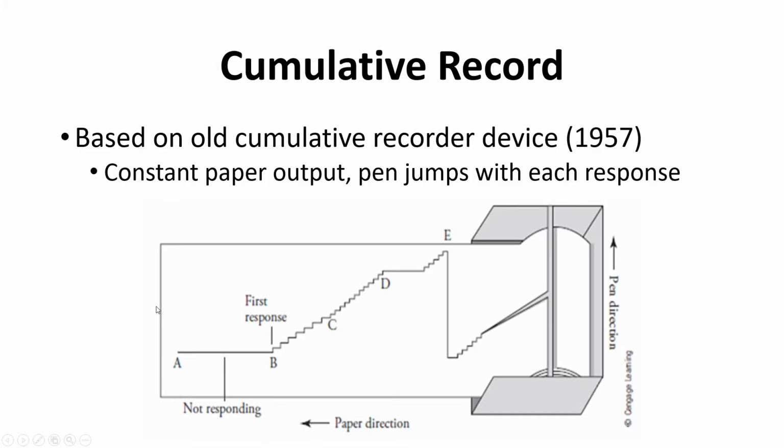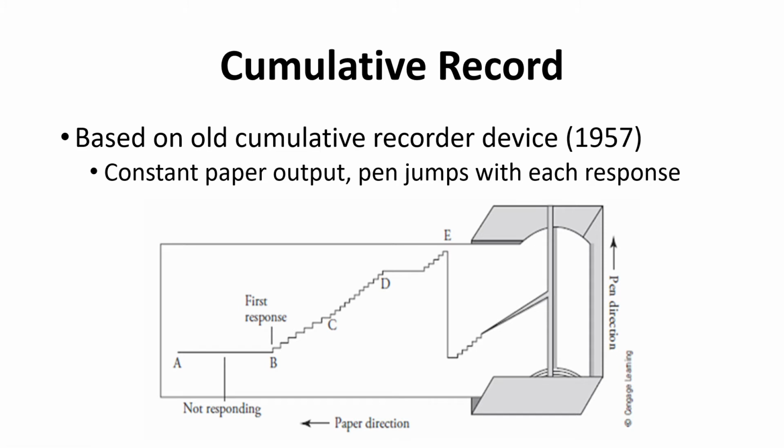Okay, so before I go into the different kinds of intermittent schedules of reinforcement, let's actually talk very briefly about how these different types of schedules are usually shown. So specifically, what are we going to be seeing and how can we interpret the visuals that we're going to get when we talk about these different schedules?